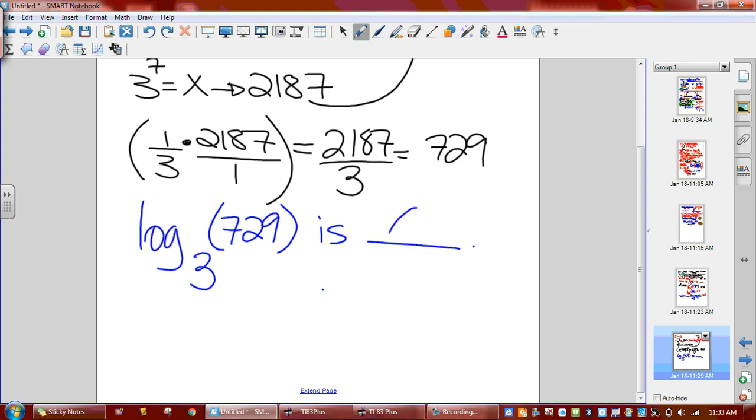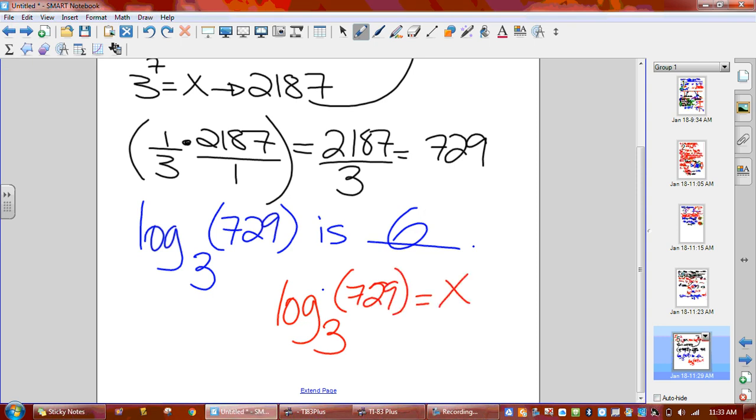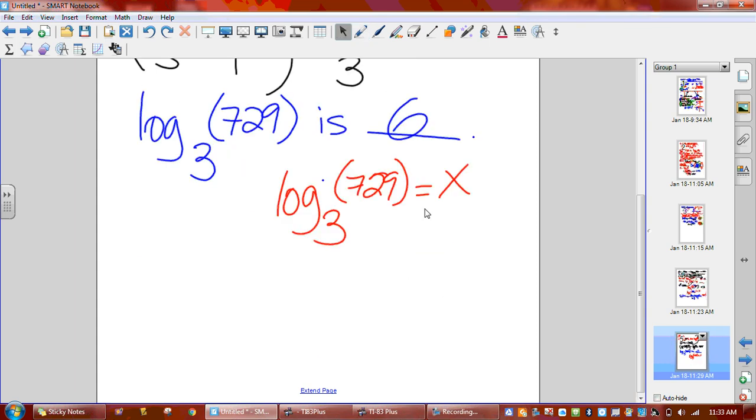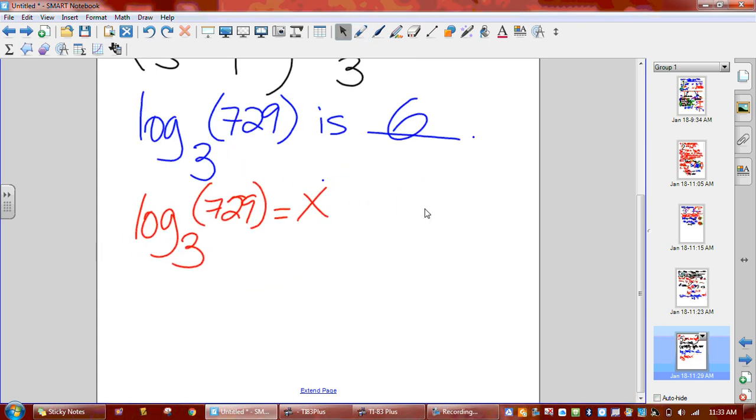So if I wrote it this way, log 3 of 729 is x, this basically says if I wanted the exponent rule, that 3 exponent x equals 729.